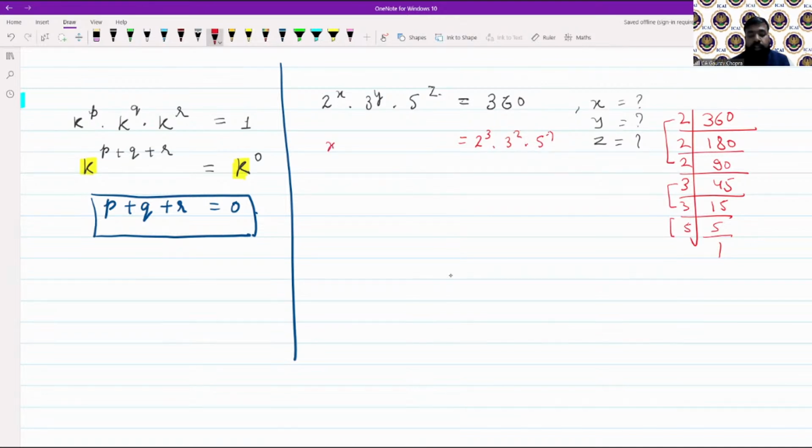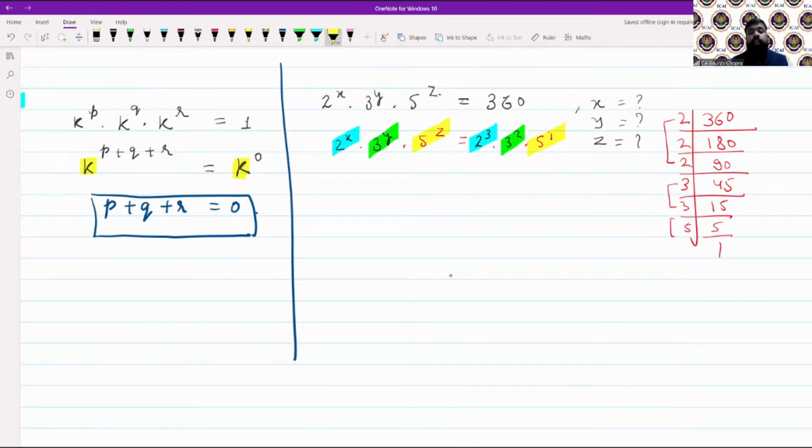On the left hand side, we have 2 to the power of x, 3 to the power of y, and 5 to the power of z. So we can compare both sides. 2 to the power of x and 2 cube, 3 to the power of y and 3 square, and 5 to the power of z and 5 to the power of 1.